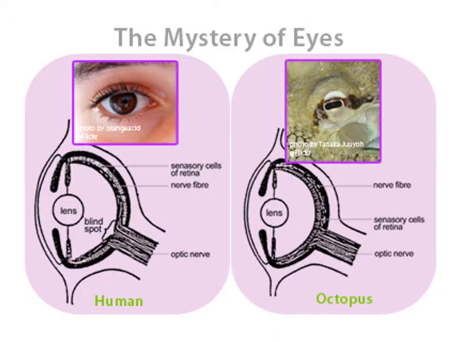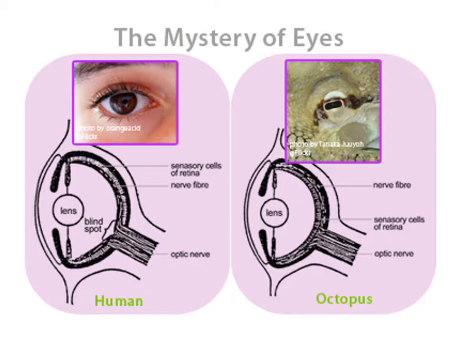So here are our two eye examples. Right here we have a human eye. Here we have an octopus eye. This is the structure of a human eye, structure of an octopus eye. But overall, very similar structure. Would you guys agree? Yeah. So is it because we're related to an octopus that we both have eyes, or is it just a coincidence?